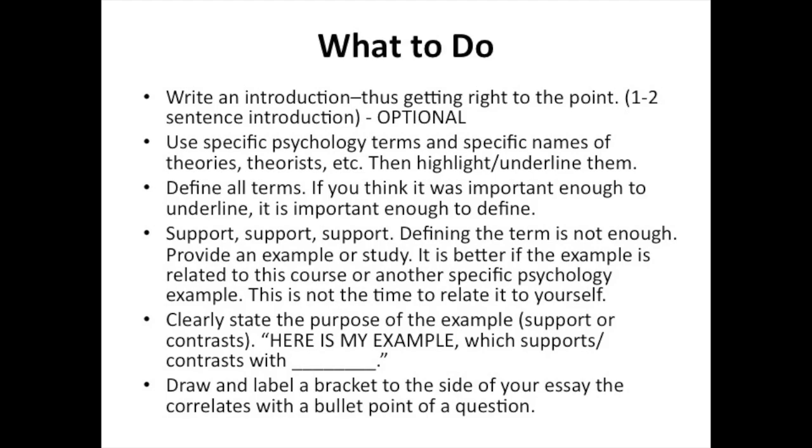I would draw a little bracket on the side of each of your paragraphs and label the term that correlates with that paragraph. So if you write a question on the availability heuristic, I would draw a little bracket in the margin, write availability heuristic, and then the next bullet, the new term, would get its own paragraph and its own little bracket labeling it as well.